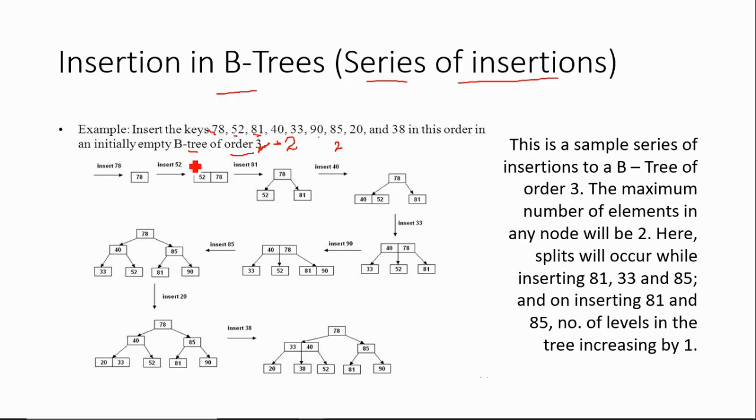So let's start adding. First, element 78 is added, so it's a simple node. Then we insert 52, which we add before 78 to maintain ascending order. After that we add 81. Now 81 violates the condition of maximum elements.